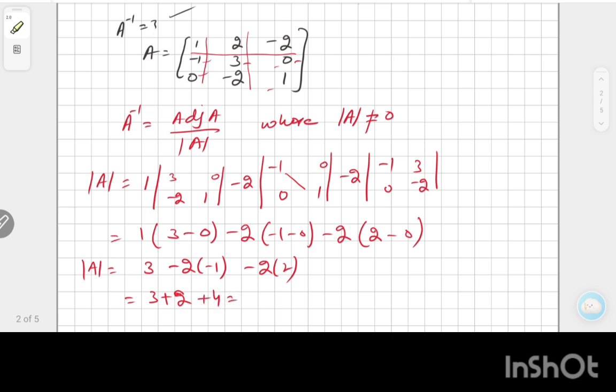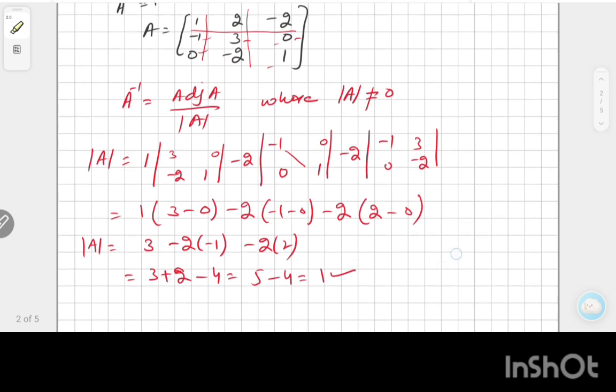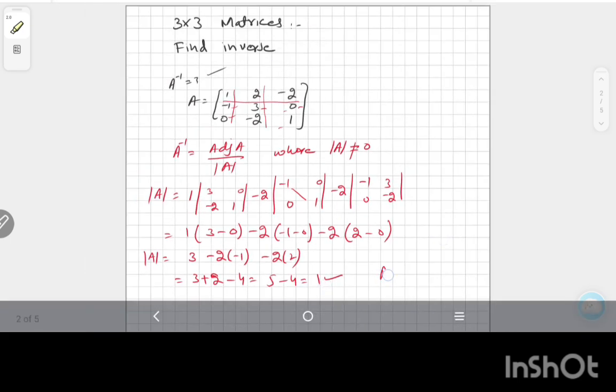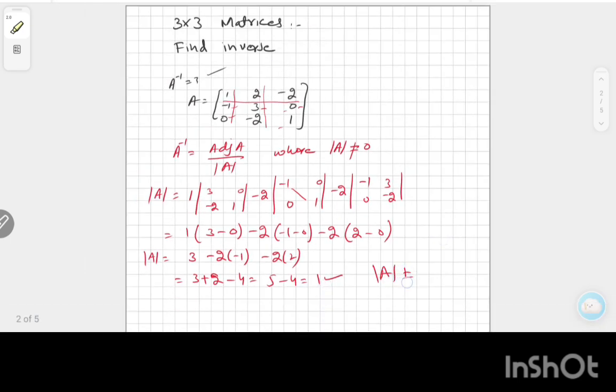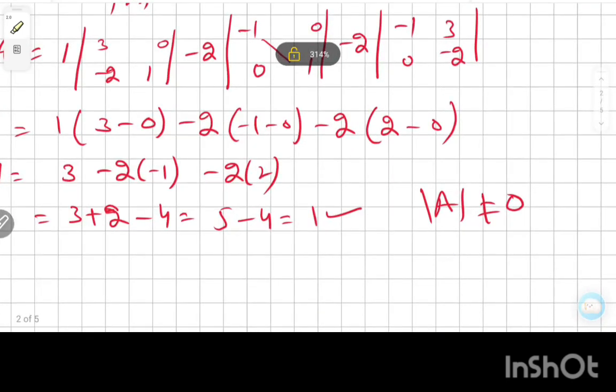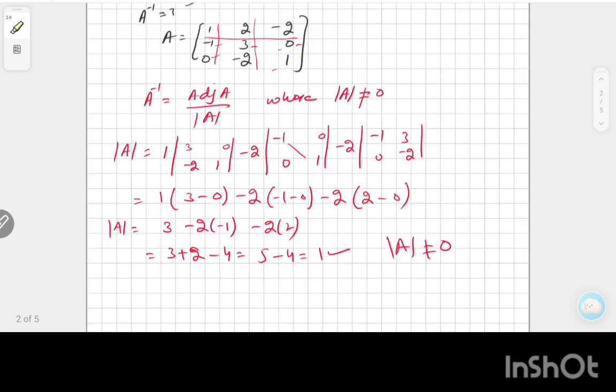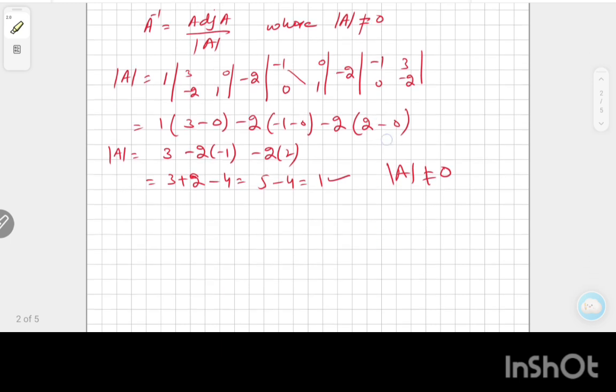Sorry, this one is minus 4. 3 and 2 will be 5, and minus 4, and we get the answer 1. So this is our A determinant. A determinant is not equal to 0, so it means A inverse exists. If A determinant is equal to 0, it means there is no solution.